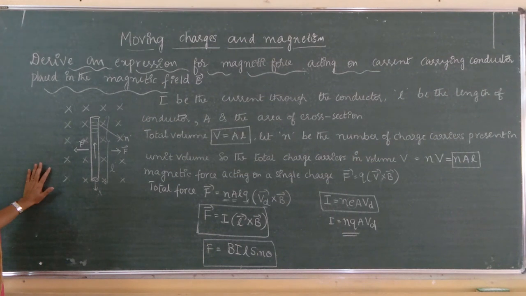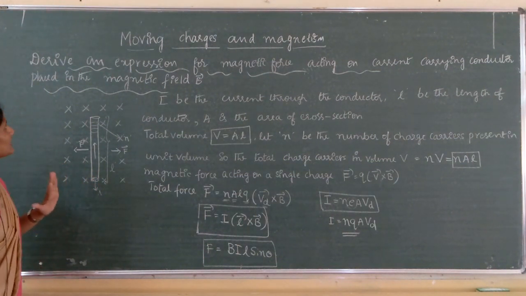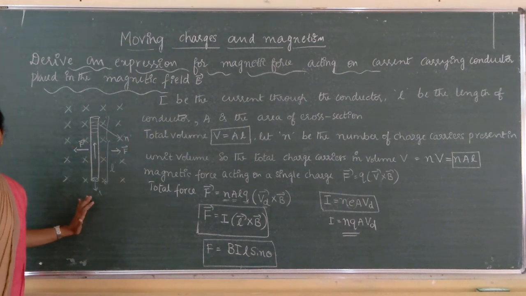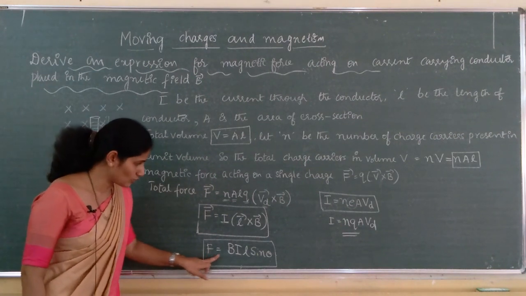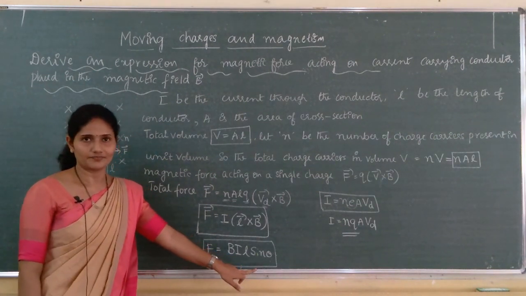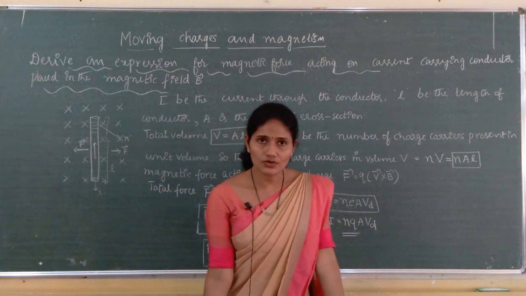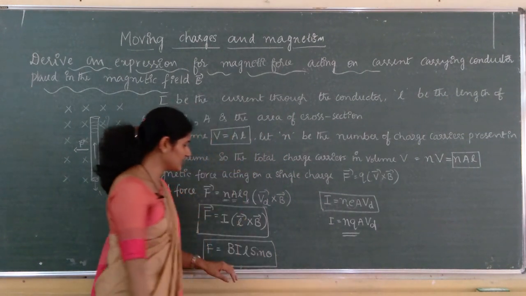So, this is about the magnetic force acting on a current carrying conductor which is placed in the external magnetic field B, and the expression for force is F is equal to BIL sin theta. In case of a single charge, the magnetic force acting on the single charge is F is equal to BQV sin theta.